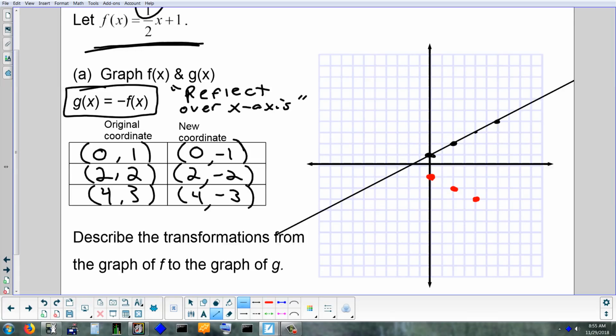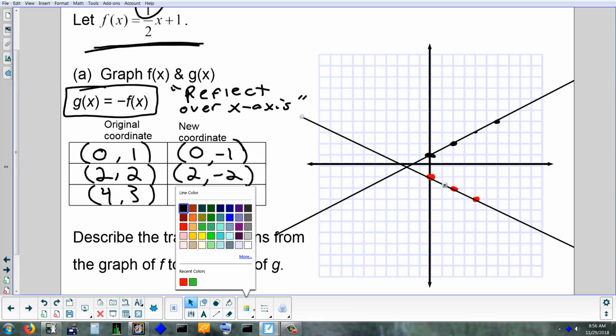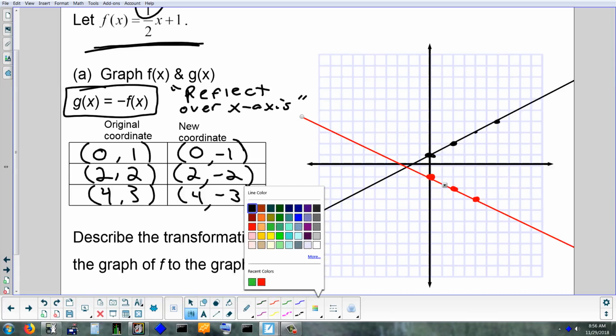Let's make our line. Way off on that one. Okay, and the line in red is a mirror image. If this was a piece of paper and you folded it right along that line right there, this part on top would land exactly on that part on the bottom.